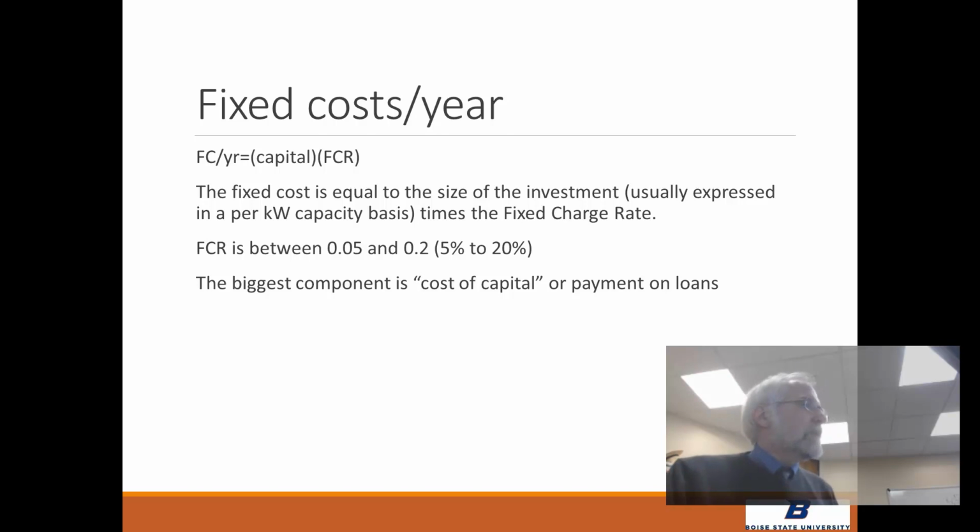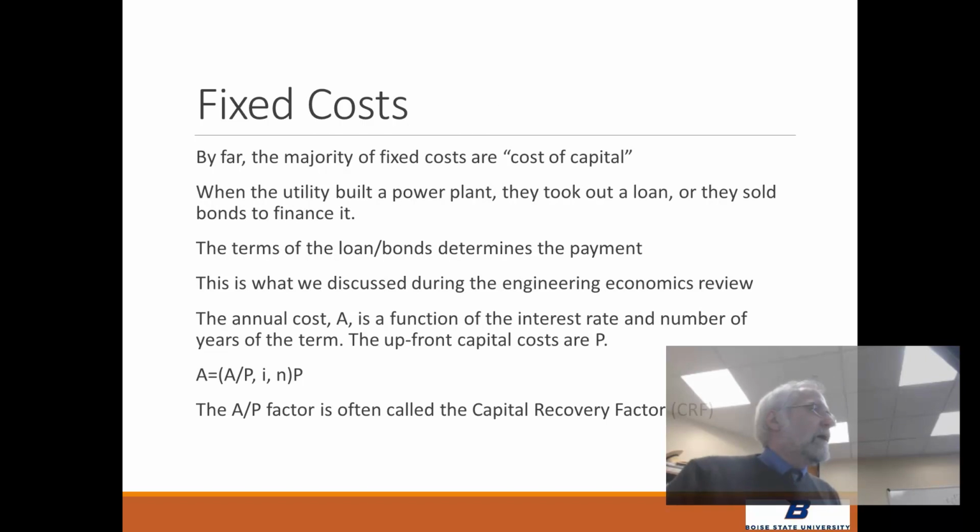It generally runs between about 5% and about 20%. It's your way of prorating that big capital chunk over a period of time, maybe 20 years or 30 years. And the biggest component within there is the cost of capital, that engineering economic analysis that we needed to do.